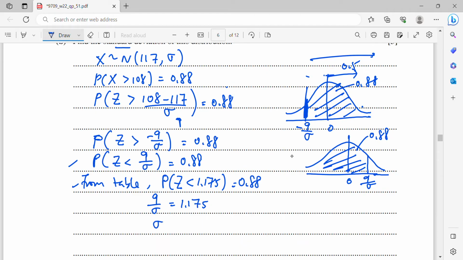Hence your sigma is 9 divided by 1.175, and at last you will be getting 7.66, correct to 3 significant figures. So that's the solution for part B.